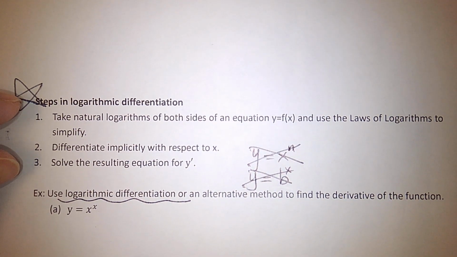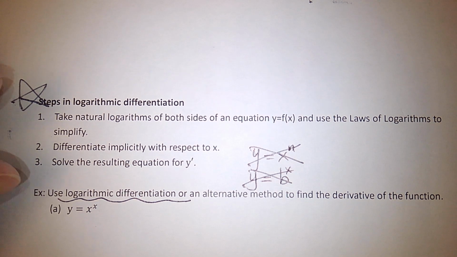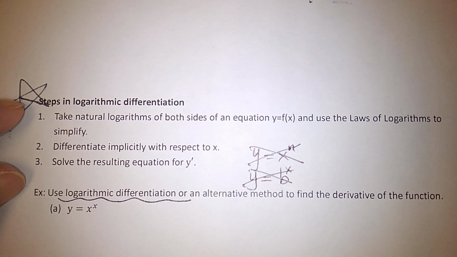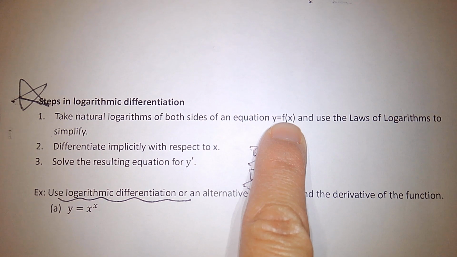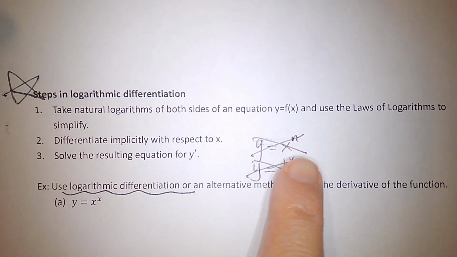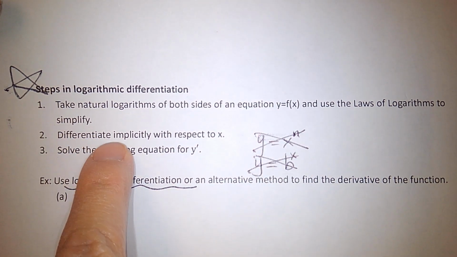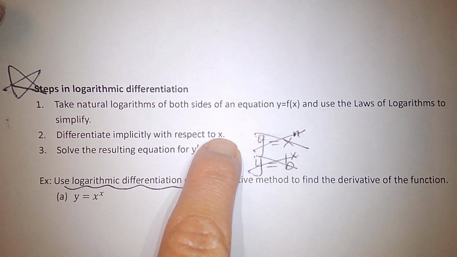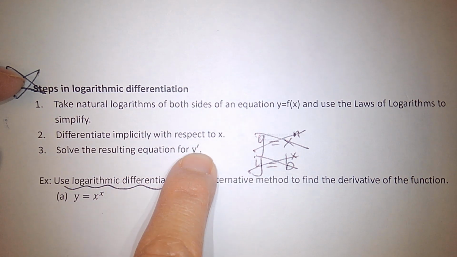I'm going to ask a volunteer to read the 3 steps, and we will follow the 3 steps to do the calculation. Okay, Dylan, can you read? Take natural logarithms of both sides of an equation y equals f of x, and use the laws of logarithms to simplify. Differentiate implicitly with respect to x. Solve the resulting equation for y prime.